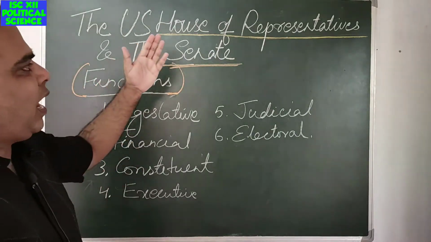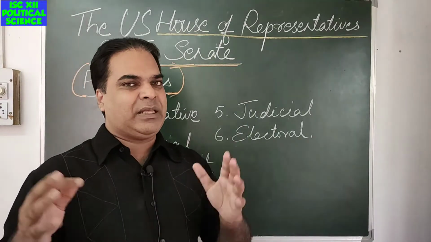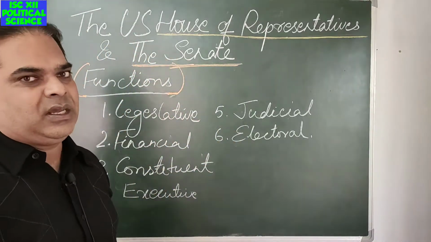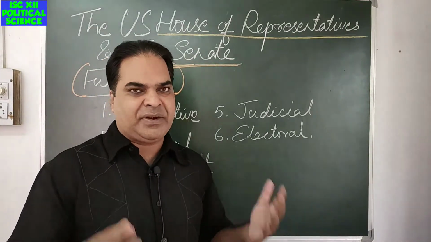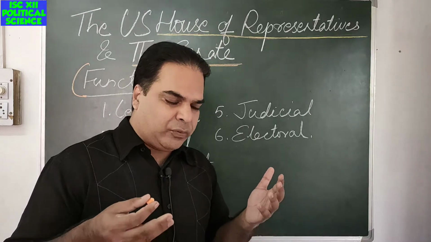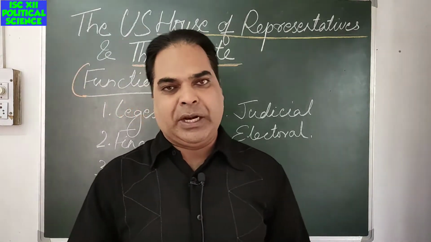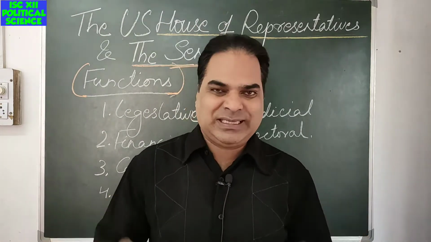The House of Representatives has 435 members elected directly by the people of all the 50 states, and the Senate has 100 members. Two members from each state are elected, so 2 into 50, 100 members. So it is completely based on equality of all the states.